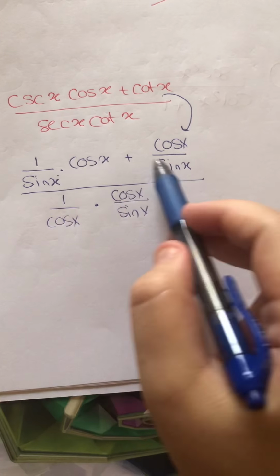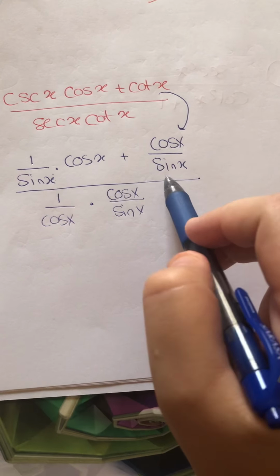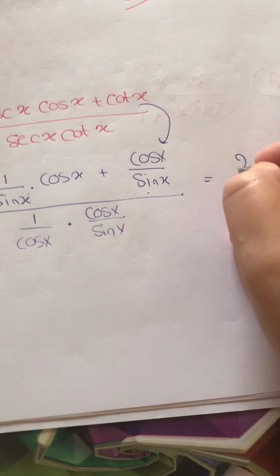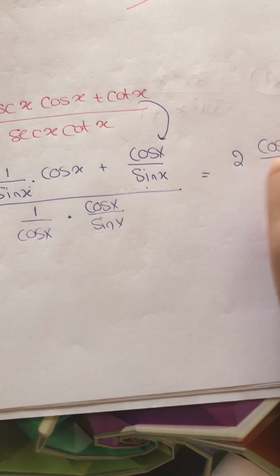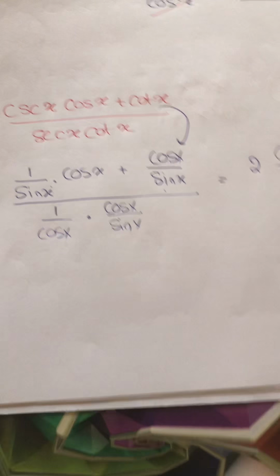Okay, so what will I do? After these are the same, cosine x over sine x plus cosine x over sine x is 2 cosine x over sine x, over.